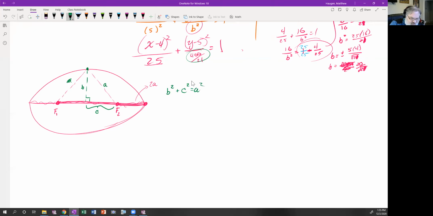We're used to the labels being different, right? But they're just labels. So that relationship is what we need to use whenever we deal with A, B, and the focal length. Cool.